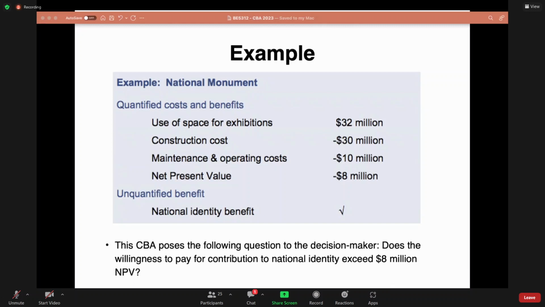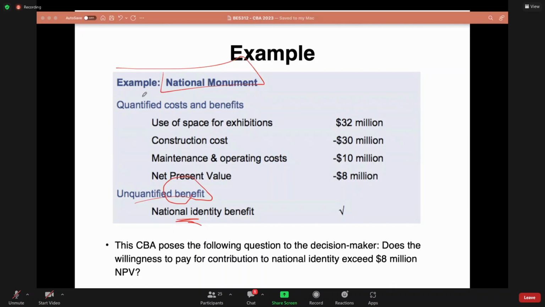So when the decision maker looks at this, they can decide, okay, this project is making a loss of 8 million when you consider these quantified costs and benefits. But there is also a particular unquantified benefit here, a benefit they haven't been able to put a money value on. It's the national identity benefit. So this is about building a national monument, something like, let's say, our Nelum Kuluna.